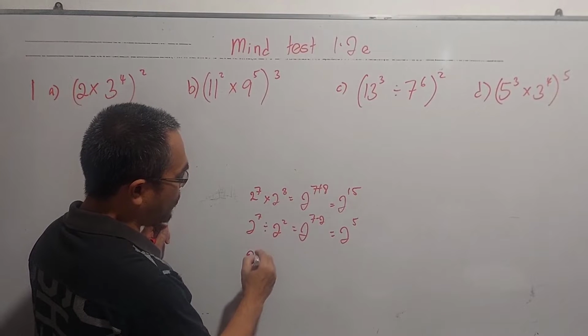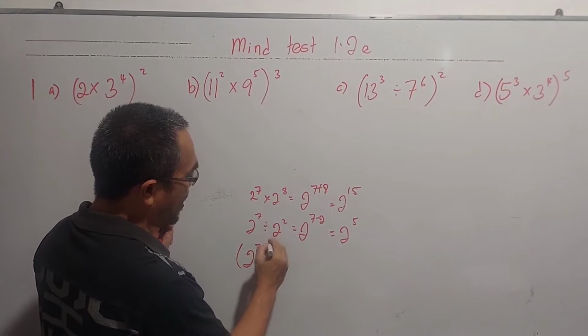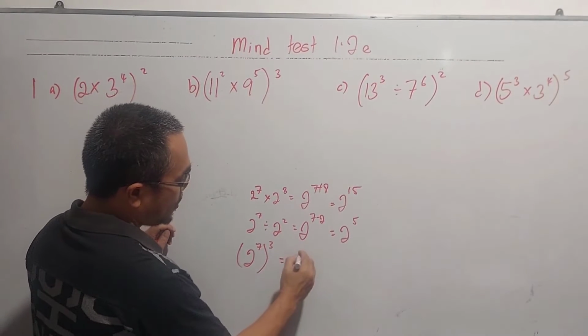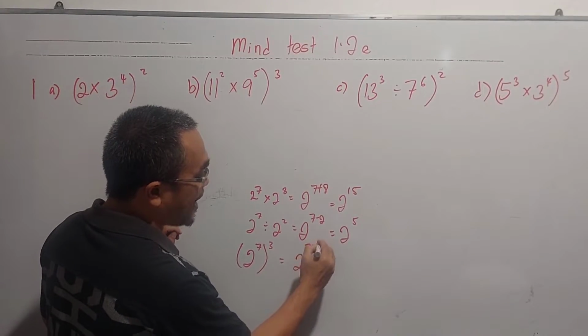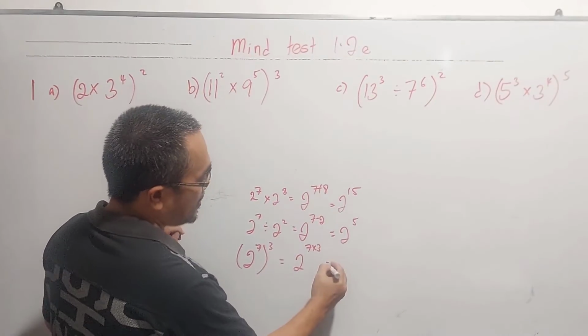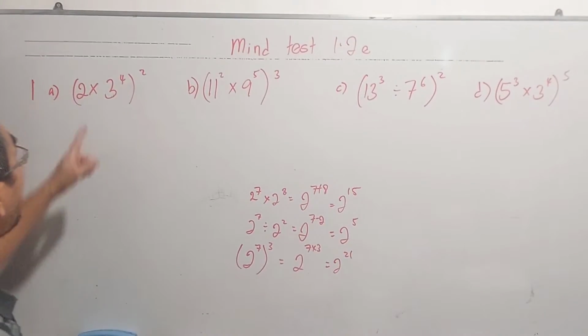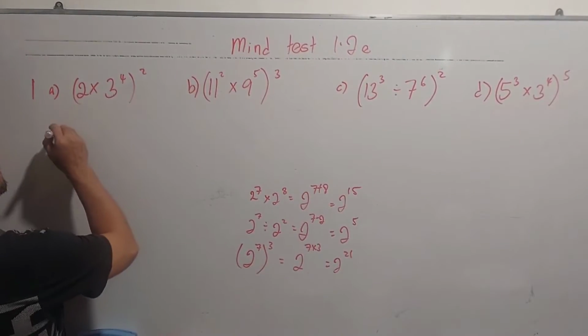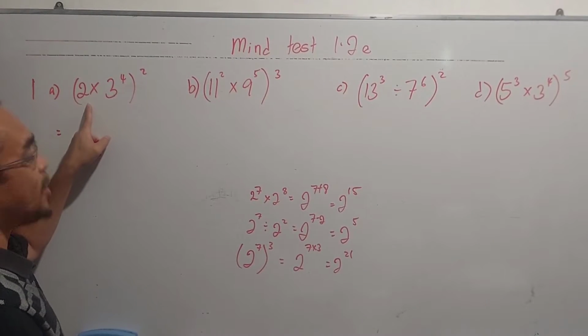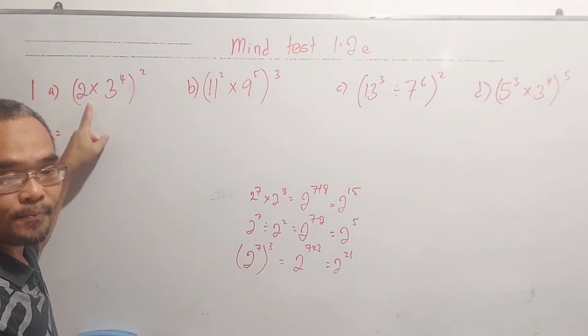So what happens if we have 2 to the power of 7, to the power of 3? It will become 2 to the power of 7 times 3, so it will become 21. What happened here is that you could simplify. First, we have 2 to the power of what here? 2?